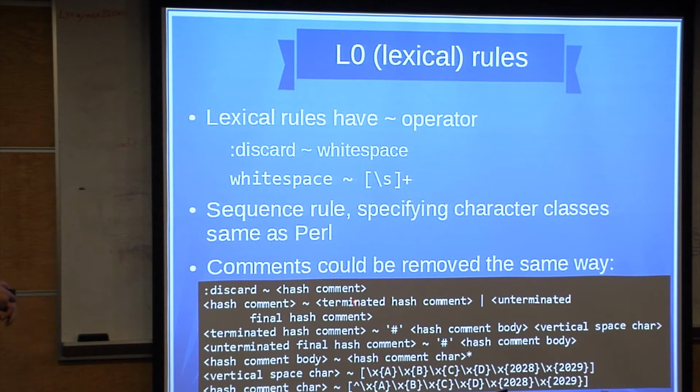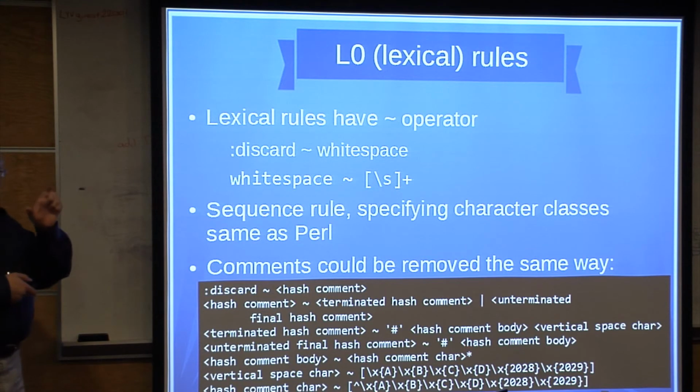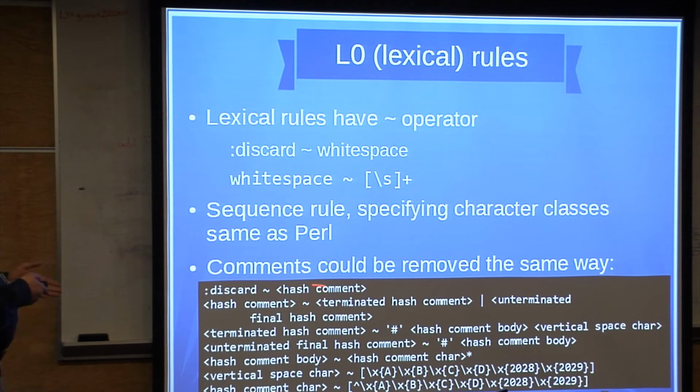And then what's happening here is that you've got a more fancy lexing system, and it's interesting, so you can have single word token names, but you could also have a token name that's multiple words if you put it in angle brackets. So then you can make things that make a little more sense and spell it out more in English. And then you can see how a terminated hash comment has to have the pound sign, it has to have the body, and it has to have a vertical space character, whatever that is.